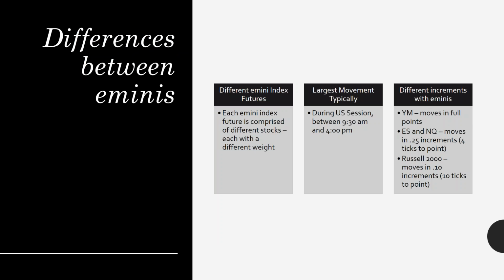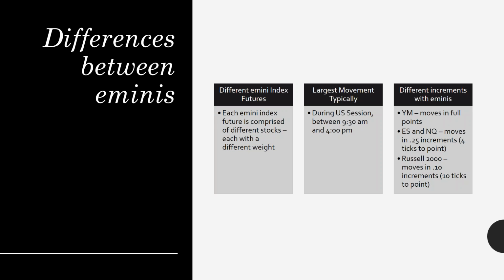Now, the differences between the E-minis are that each E-mini index future is comprised of different stocks, and each stock has a different weight within the index. The largest movement typically is the U.S. session, 9:30 to 4. Now that does depend because Nadex does offer some European indices, and they also offer some Asian indices.